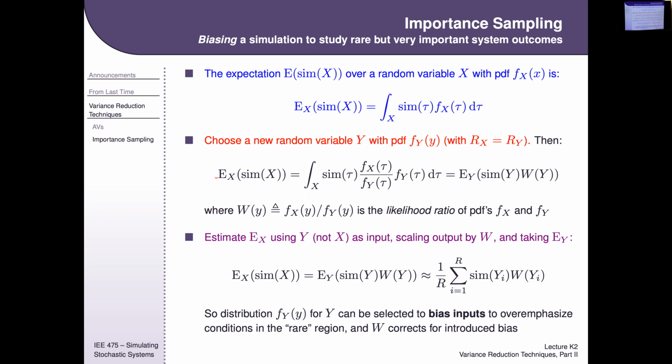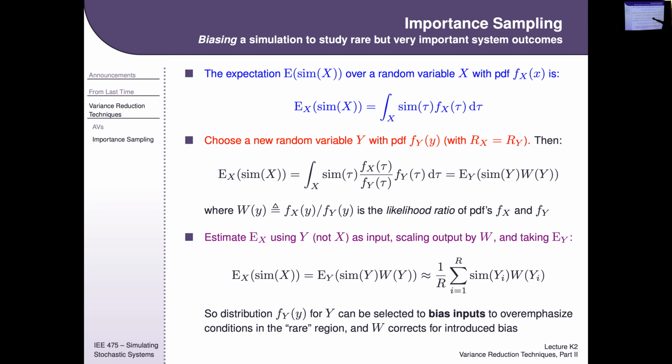Now the expected value of my simulation that I'm trying to estimate is just going to be the integral, where all the front half is the same. I'm not changing anything here, but I'm multiplying my f of x by f of y over f of y.